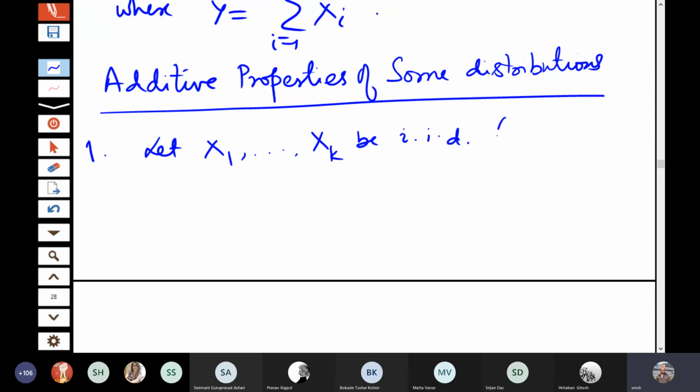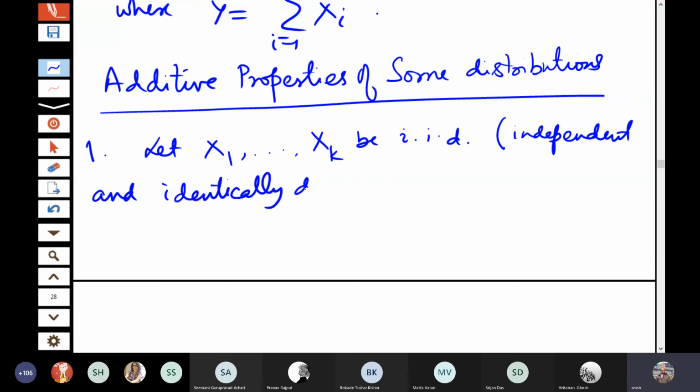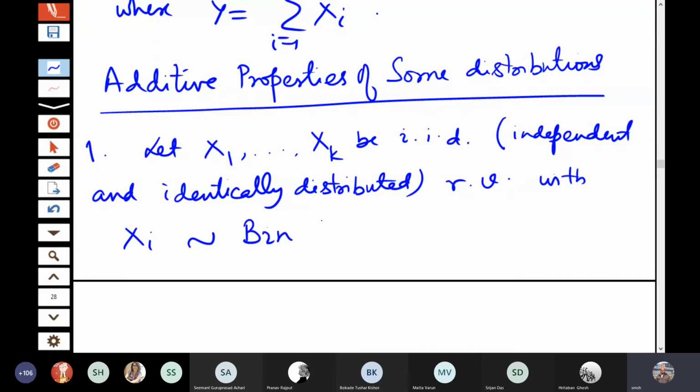I am using the word IID, independent and identically distributed random variables, with Xi following, say, binomial(ni, p) for i equal to 1 to k.